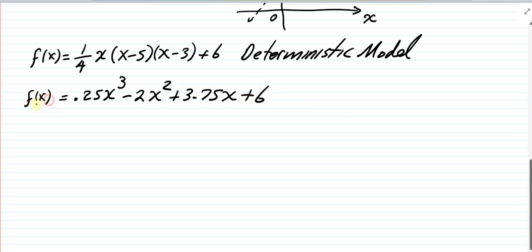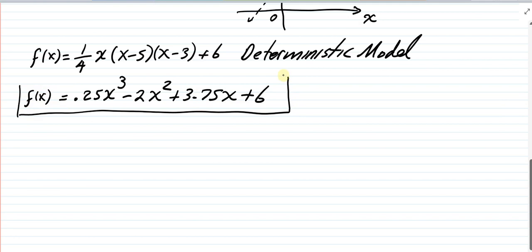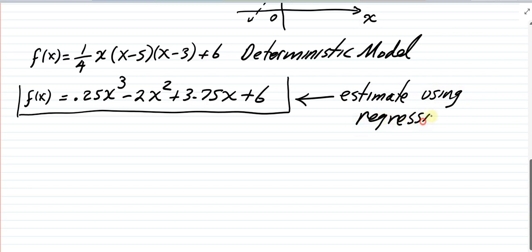Okay, so this is the actual model that we're trying to arrive at using regression. So this is the model that we would like to estimate using regression. Okay, so that's the basis of my work.